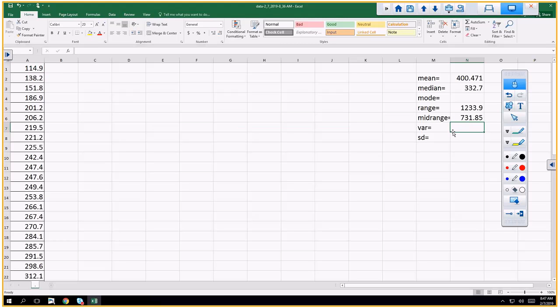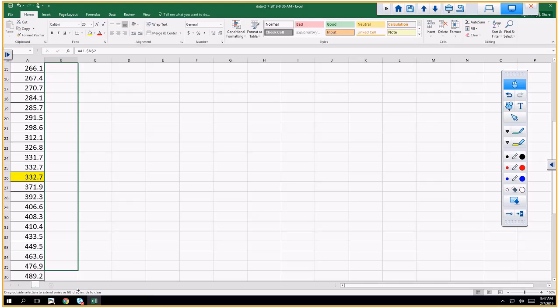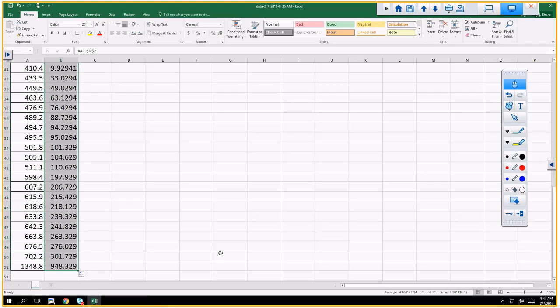And the variance, let's go ahead and subtract, equals this number minus this number, F4 to lock, and copy that down. That's your first column. I got it documented.